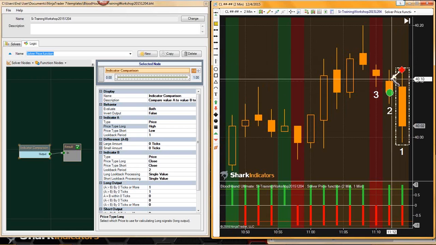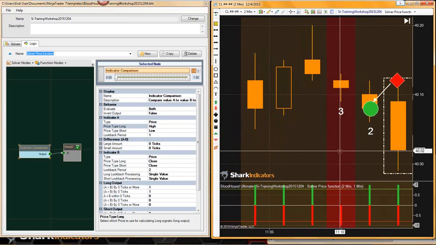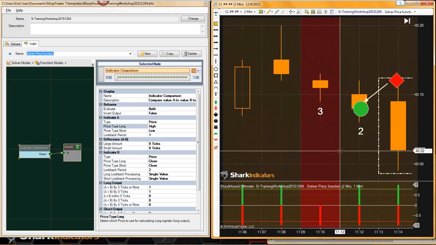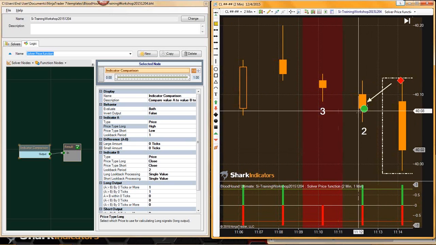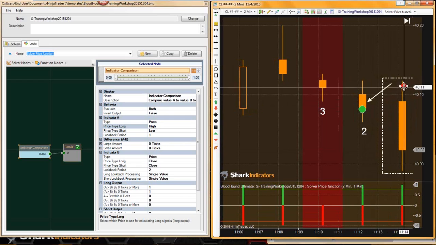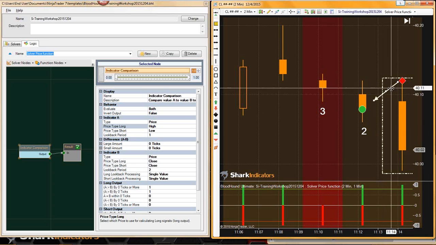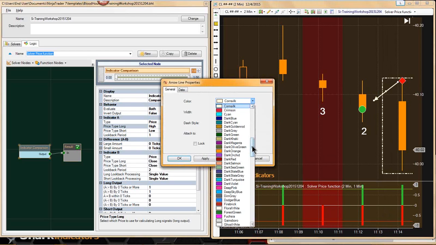Let's draw an arrow and stretch this way out here, and set the colors up for this arrow.